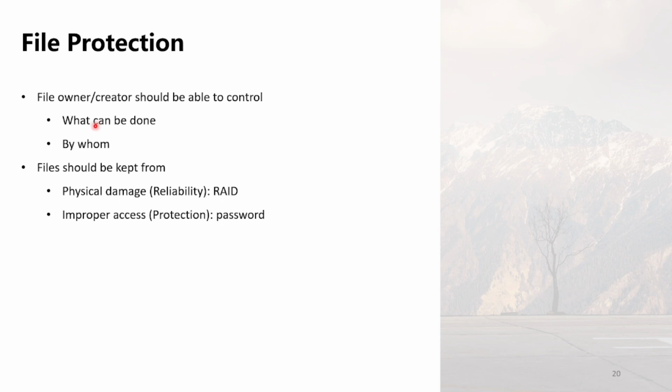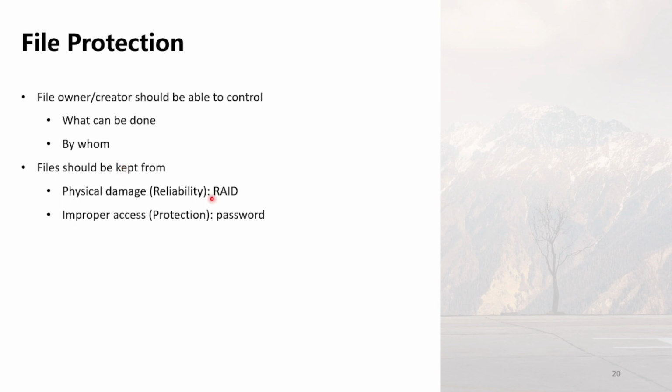Firstly, what actions can be performed on the file, such as reading, writing, or executing. And secondly, by whom this action can be performed. This is where access control mechanisms come into play, ensuring that only authorized users can perform certain actions on a file.